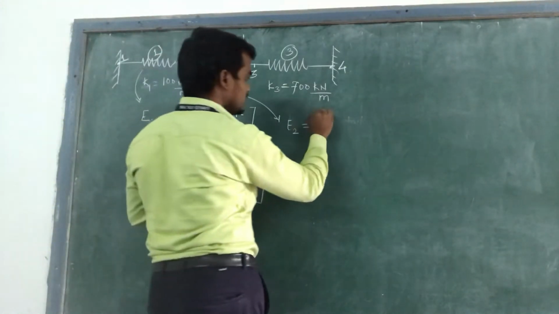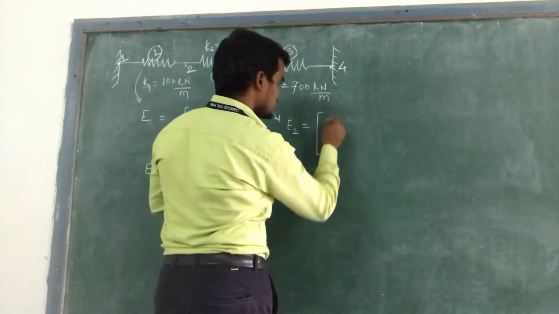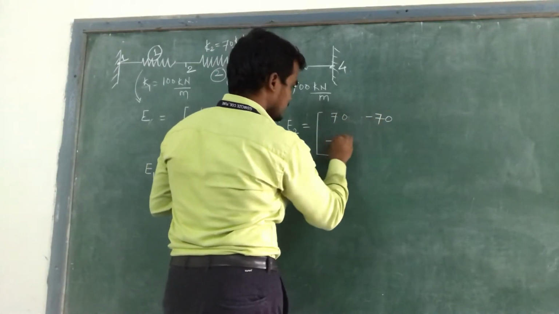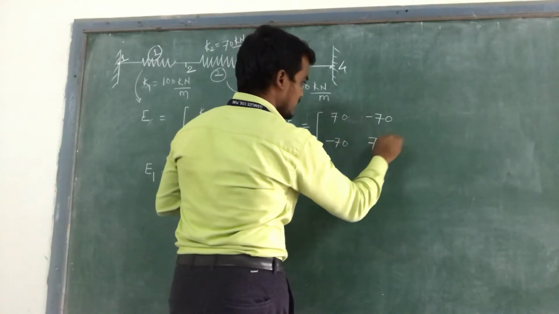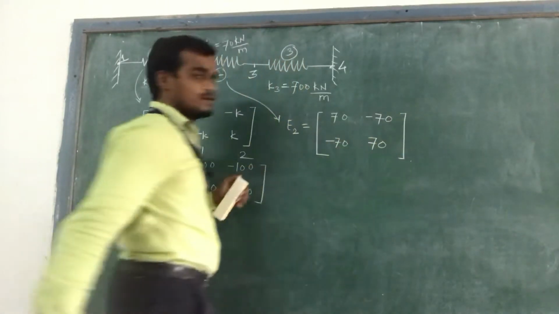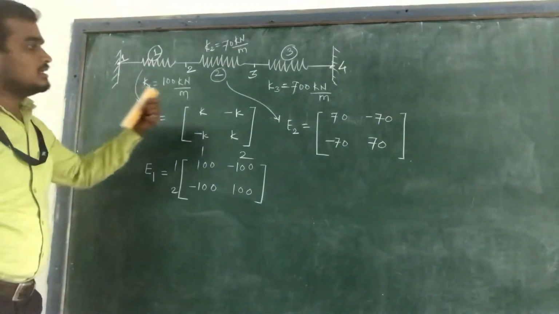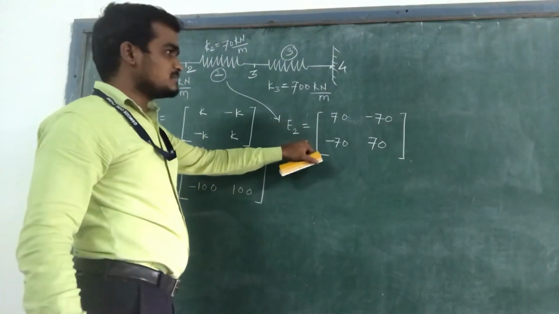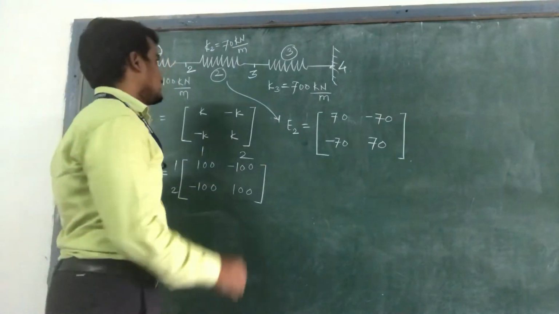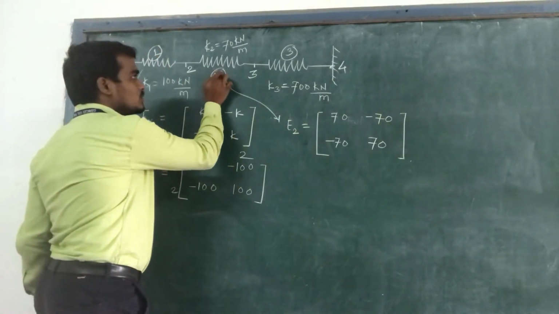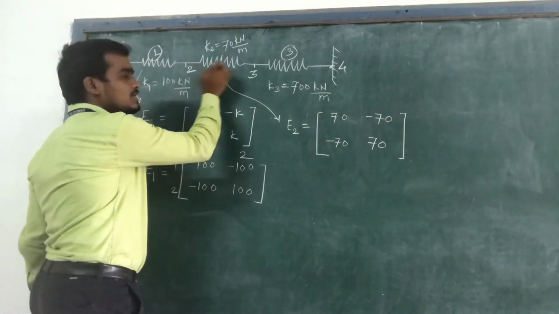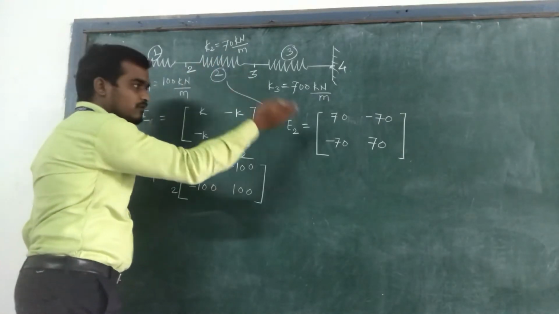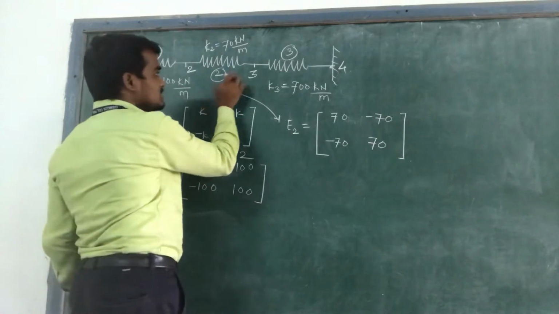So you get the second elemental stiffness matrix as 70, minus 70, minus 70, and 70. Then the next step is to write the position of that elemental stiffness matrix between the given nodes. This element 2 lies between node 2 and 3, so write down this position of the elemental stiffness matrix.